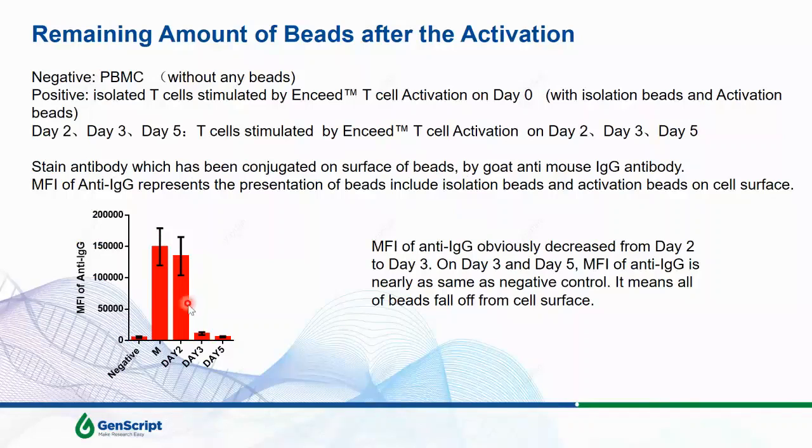You can see the longer the time, the amount of the beads becomes less and less, and after day 5 the amount is below the detection level and negligible. We compared this data between our beads and Allogeneic's, and we have the same level.